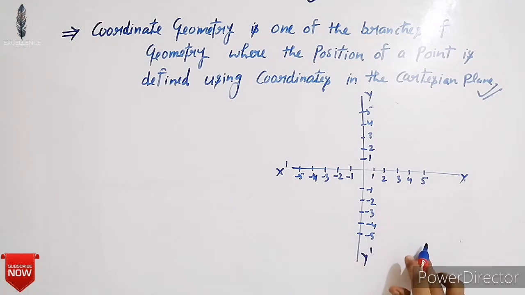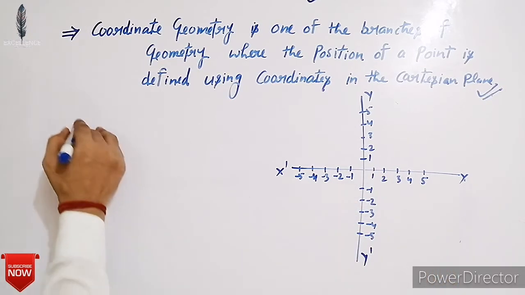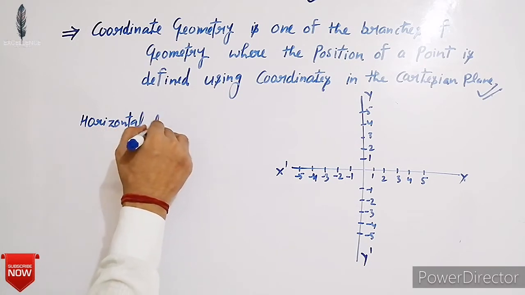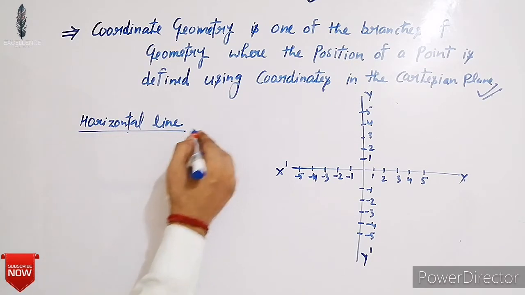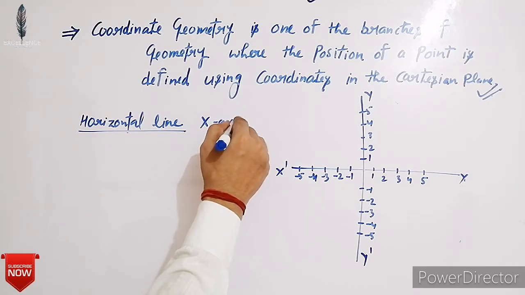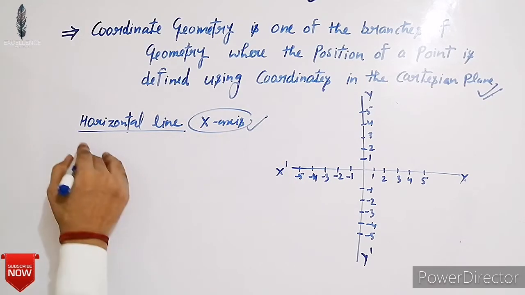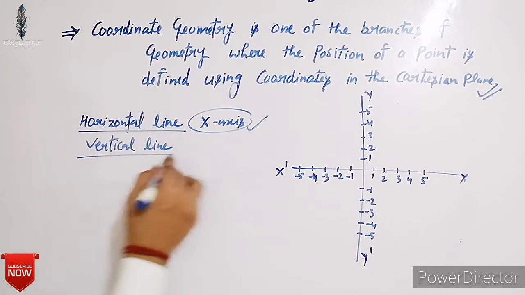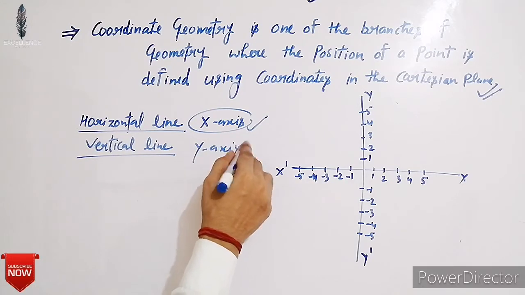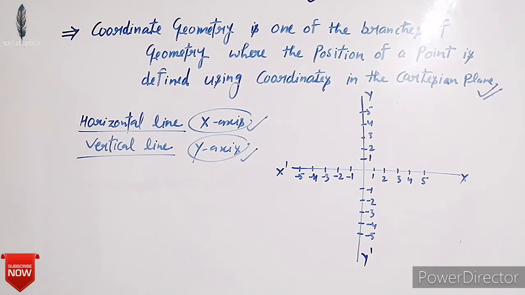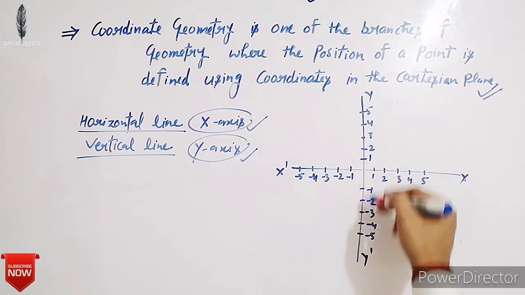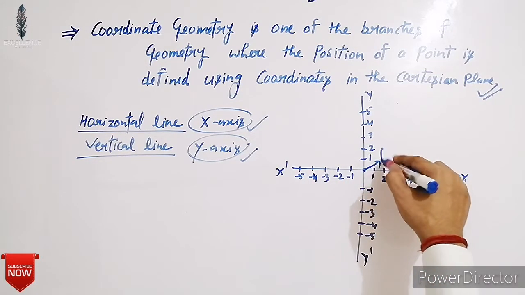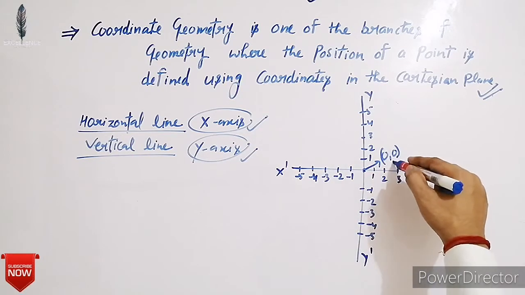Okay, students, all of you know that the horizontal line is called the x-axis and the vertical line is called the y-axis. Listen carefully students, the plane is called the Cartesian or coordinate plane and the lines are called coordinate axes. Students, x-axis and y-axis intersect at origin and its coordinates are 0, 0.